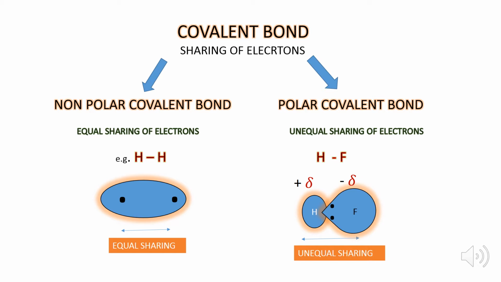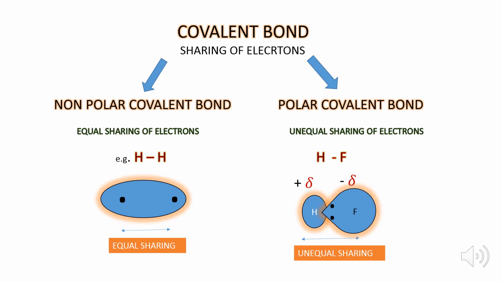Therefore, it has a partial negative charge, whereas hydrogen is an electropositive atom. Therefore, it has a partial positive charge. Due to this electronegativity difference, the electron pair will be shifted more towards the fluorine and as a result there is an unequal sharing of electrons.